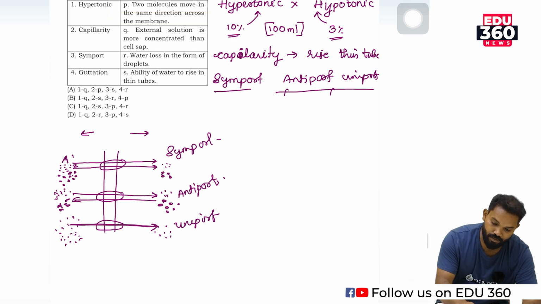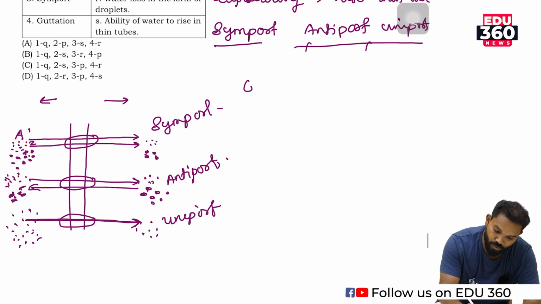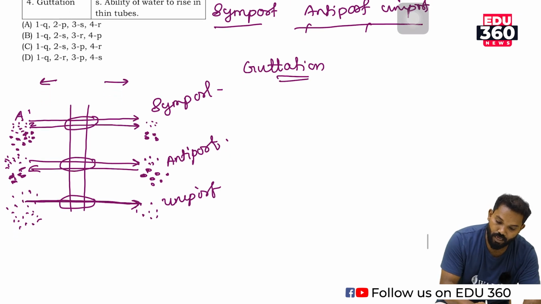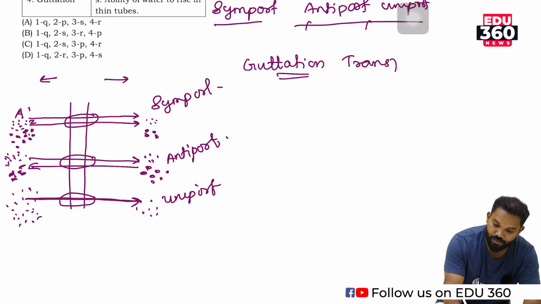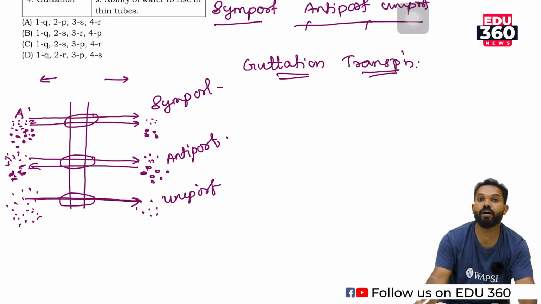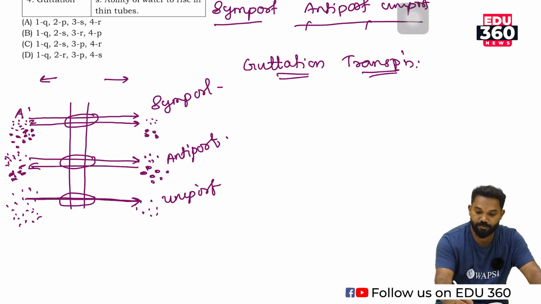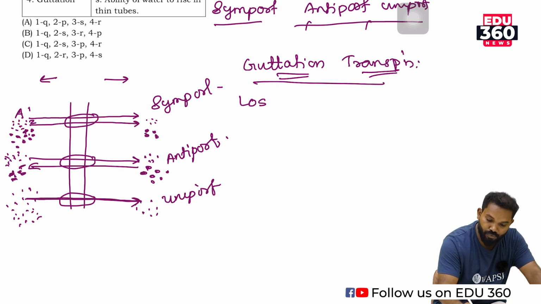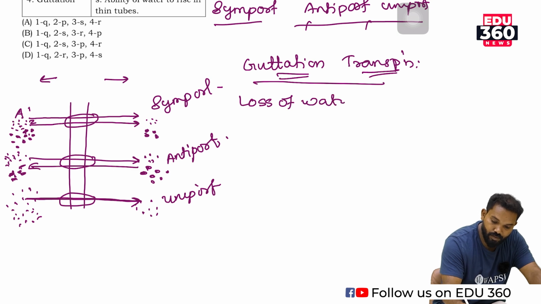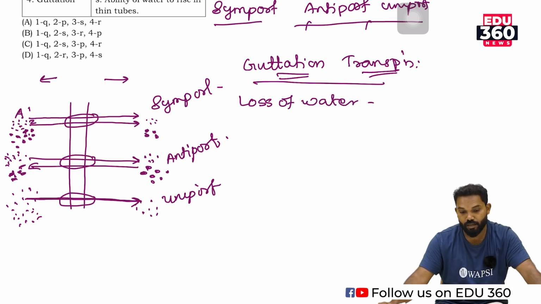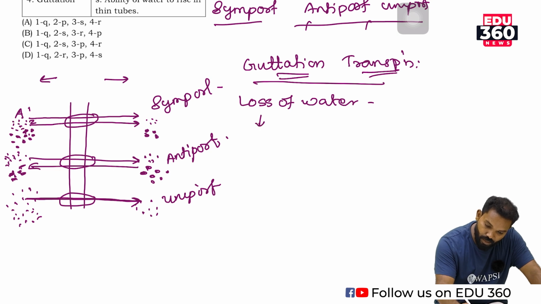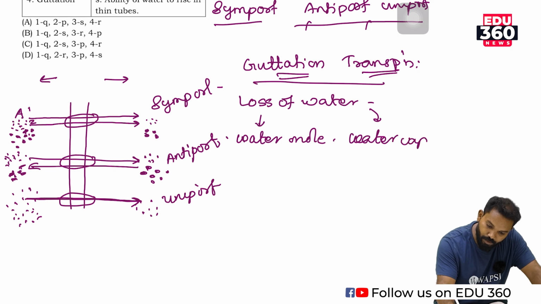Then guttation, another physiological phenomenon. Guttation and transpiration are two processes of water loss from a plant body. Guttation is the loss of water as water molecules. Transpiration is the loss of water as water vapor.